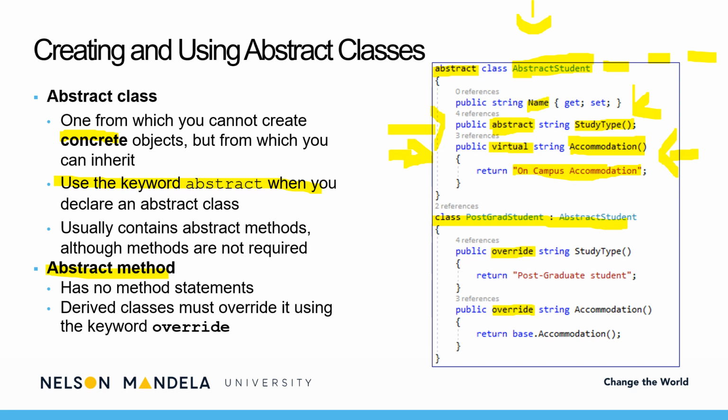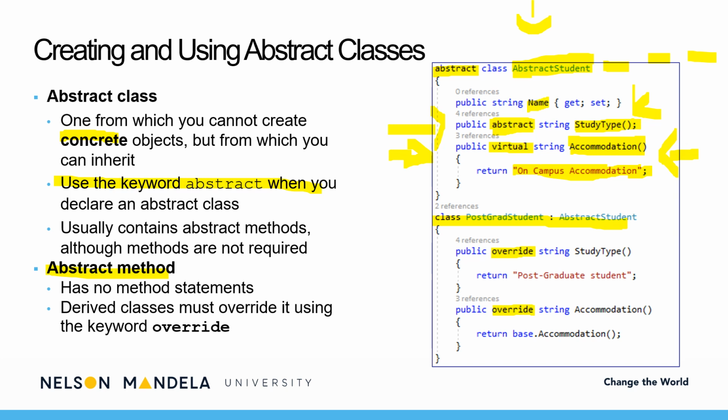Let me think of what I may have forgotten. Something that they might have missed is that when you declare the abstract method, you just say public or whatever access modifier you want to use.